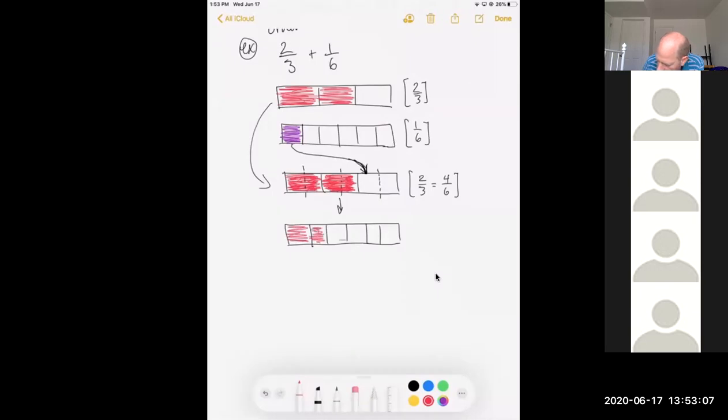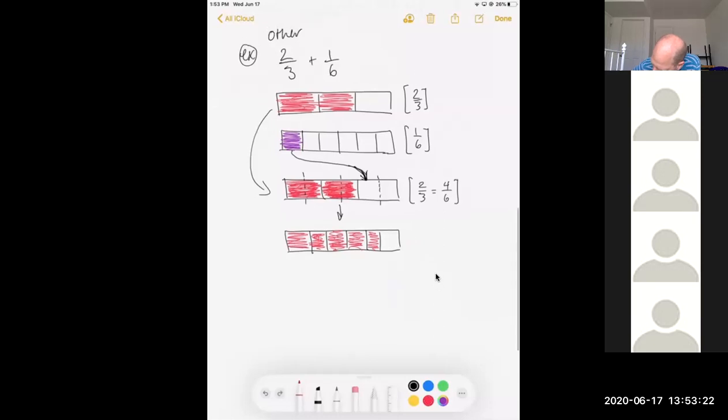And 5/6 can't be simplified because it can't take equal groups out that will fit both the numerator and the denominator. Okay, so now we have 5/6.